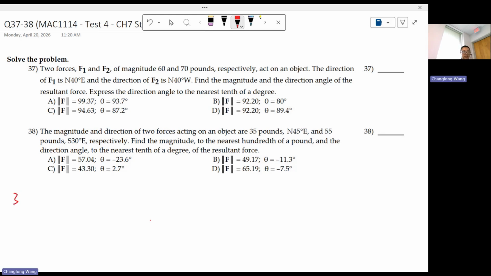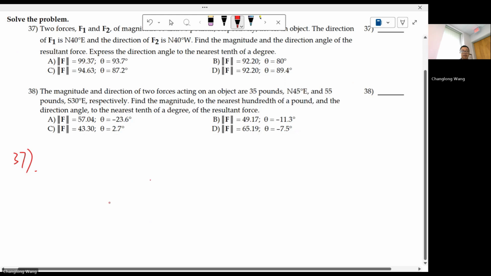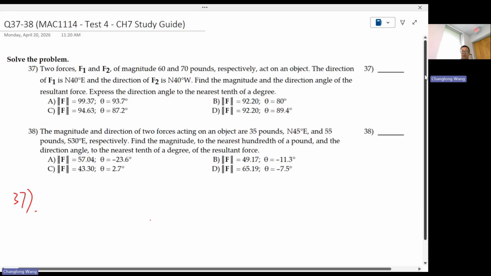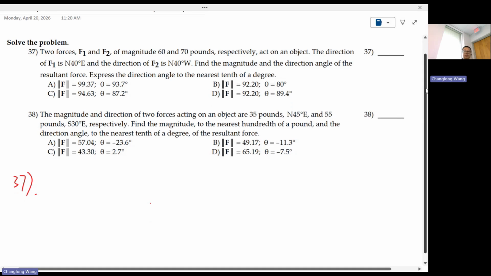Now, 37. So the two vectors, I mean, you're not taking physics right now, so you don't have to worry about what they are, but they call it forces. But you know what? If you'll be taking physics next year, in the first 2 or 3 chapters you're going to get motions, you're going to have forces, right?